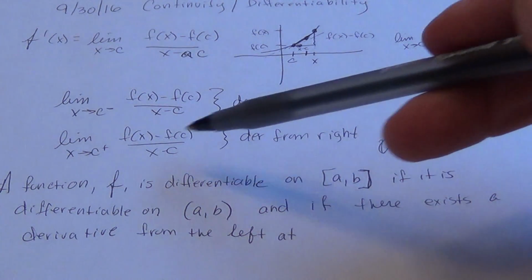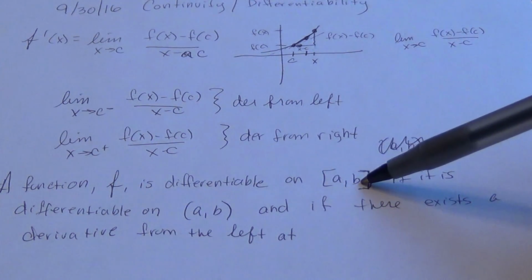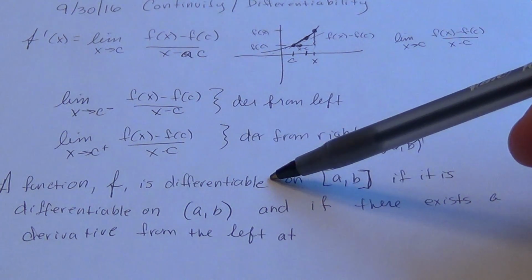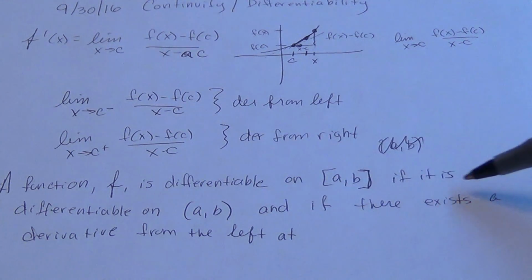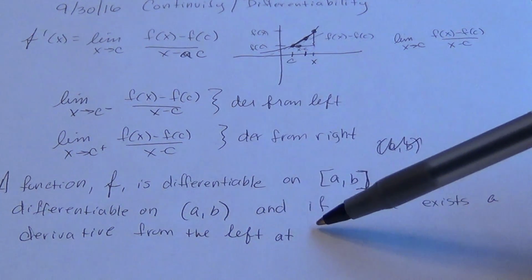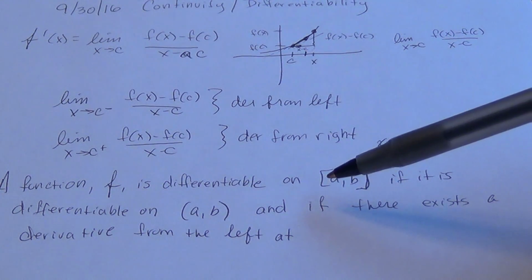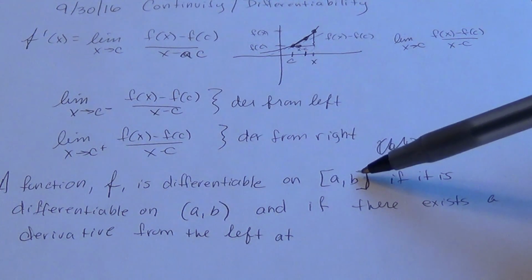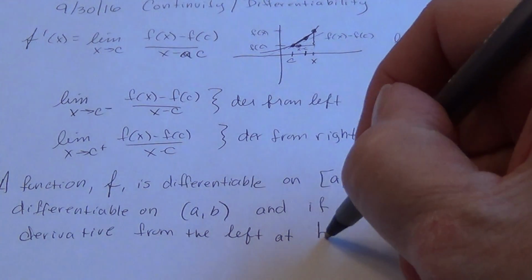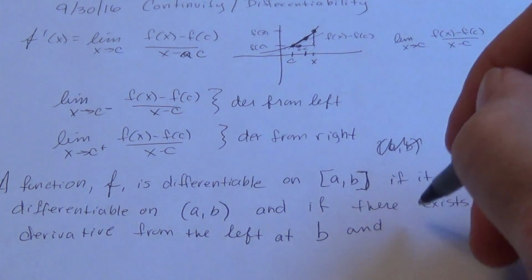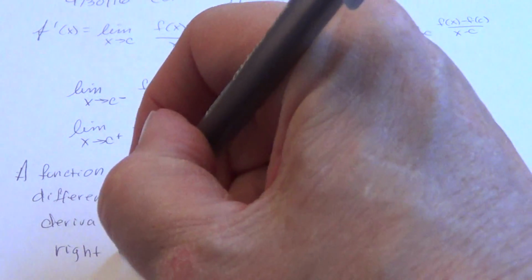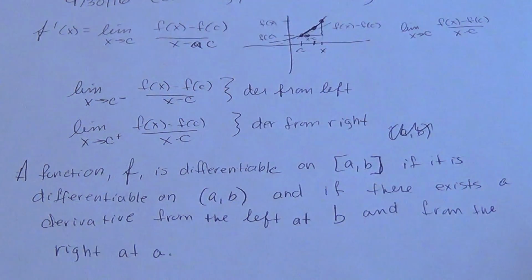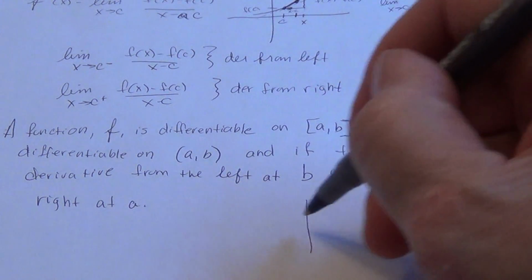So in order for this whole thing, including the endpoints, to be differentiable, everything in between on the open interval is differentiable. And if there exists a derivative from the left, if we're coming in from the left, then it would have to be at point B, and from the right at A. So a little sketch might help.